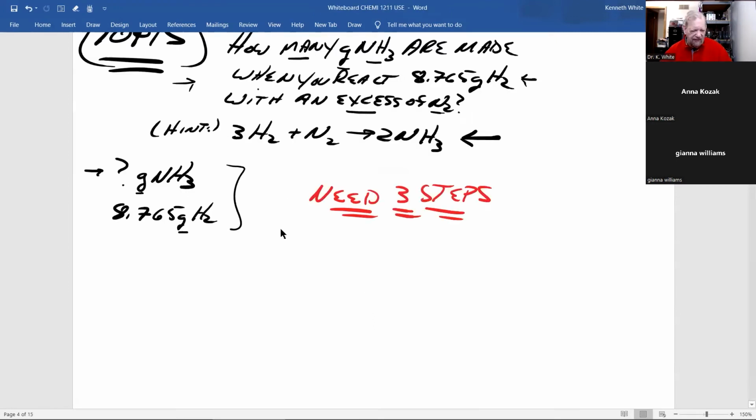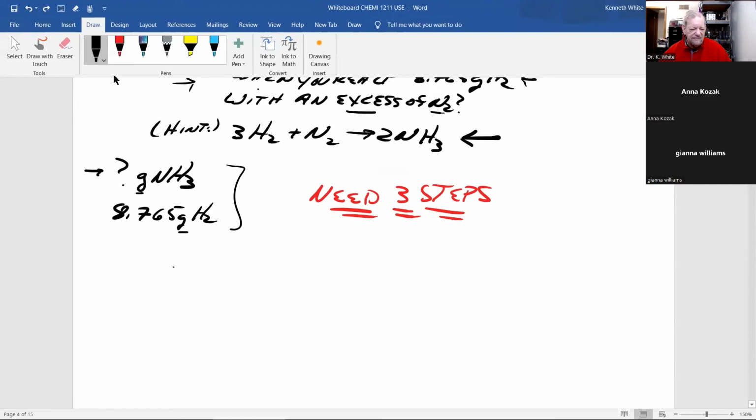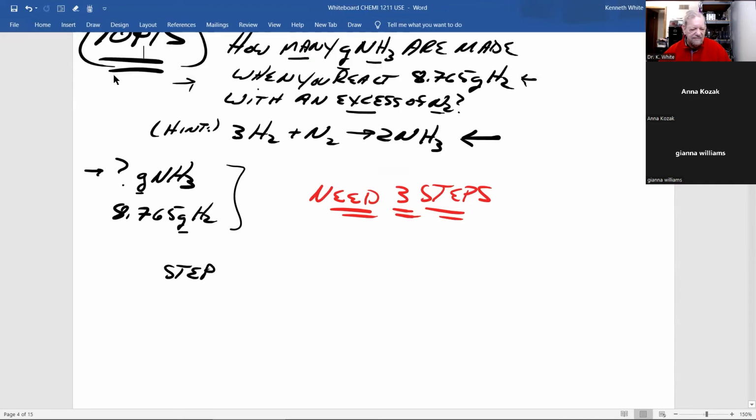So step one, and how do we determine what A is? Well, whatever we're given in weight, and that's the hydrogen.